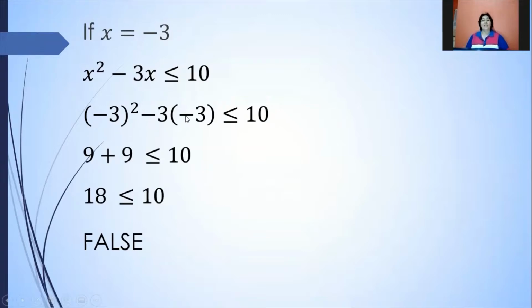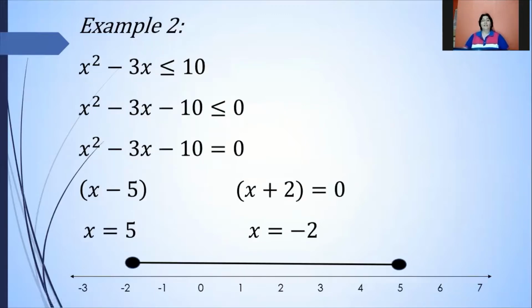Negative times negative is positive. 3 times 3 is also 9. 9 plus 9 is 18. 18 is less than or equal to 10. That is false. Let us take a look at the graph again. That's why the values to the left of -2 are not a solution set of the quadratic inequality x squared minus 3x less than or equal to 10.